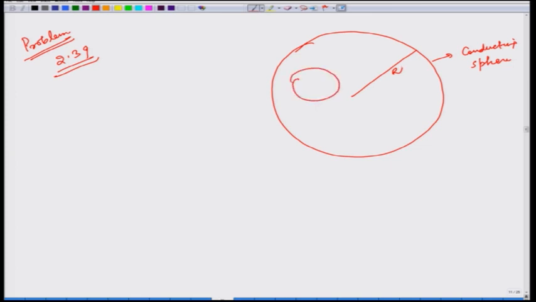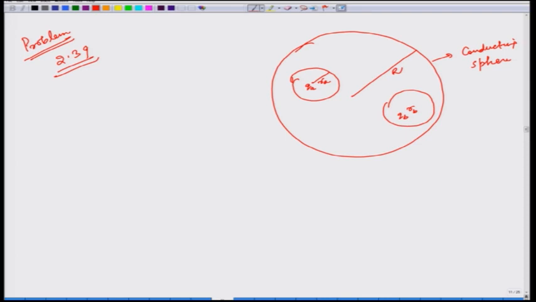Let us say this is a cavity of radius Ra, this is a cavity of radius Rb, and I am putting a charge, let us say Qa here and charge Qb here. Now the first part of the problem is to find surface charge sigma A and sigma B and sigma R.